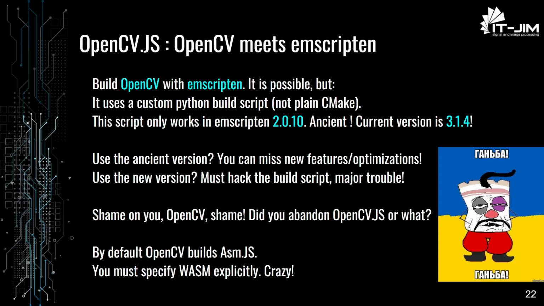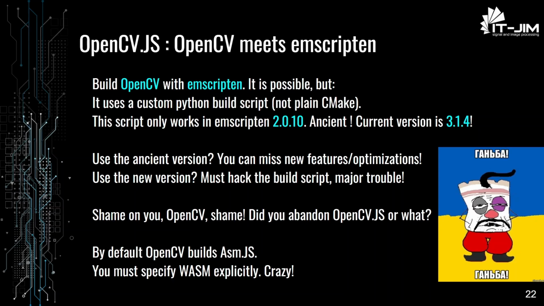What to do? You can either use the ancient version of Emscripten for your project, as I did for the Barges project, by the way, but then you can miss some new features and optimizations of the later Emscripten versions. Or you can use a new version of Emscripten, but then you have to hack the OpenCV build script, which is a lot of trouble.